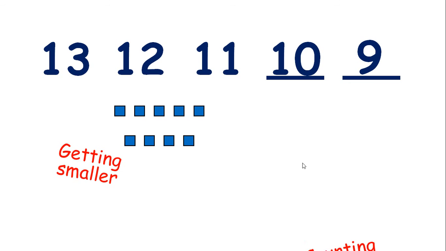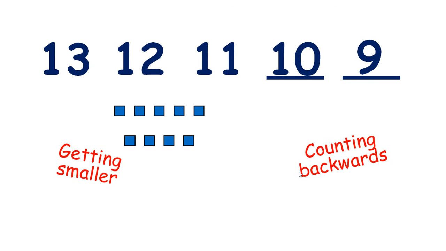So what can you tell me about this number sequence? Remember some of the words we thought about earlier when the numbers are going down? Well, maybe you could describe the numbers as getting smaller by 1 each time. You can say that we're counting backwards.